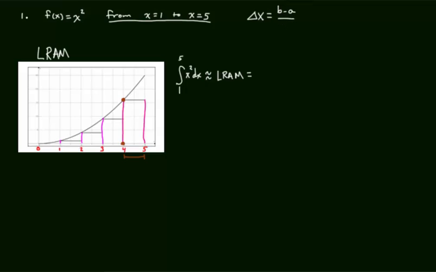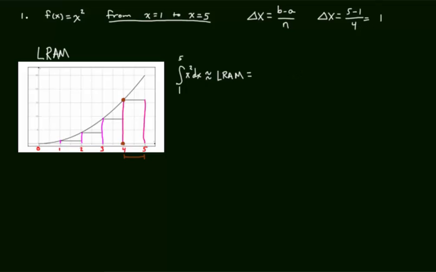We wanted 4, but in general we might want n rectangles. So change in x equals 5 minus 1 divided by the 4 rectangles. 4 over 4 is equal to 1. So change in x is equal to 1.